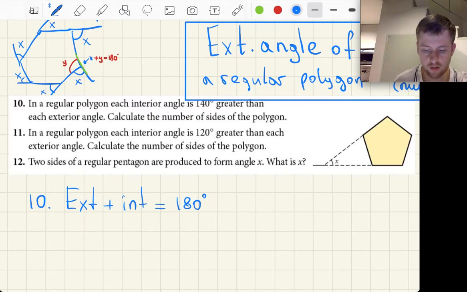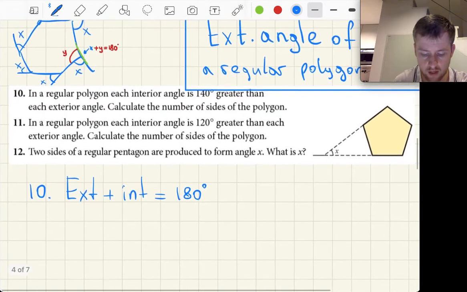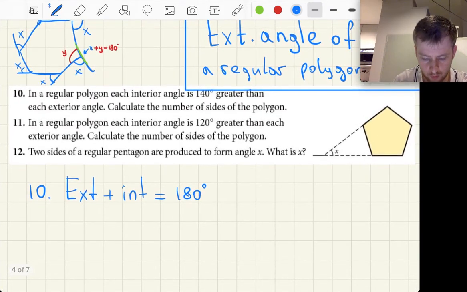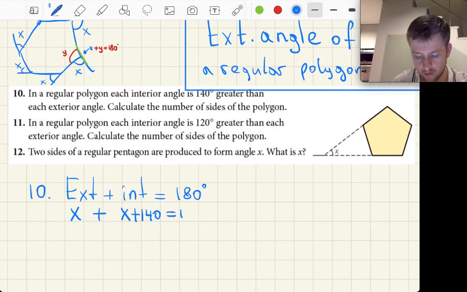If exterior angle equals x, then interior will be 140 degrees greater, so it will be 140 plus x. And they add up to 180, so we have this little equation formed.